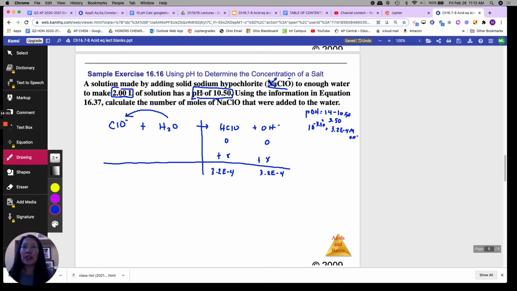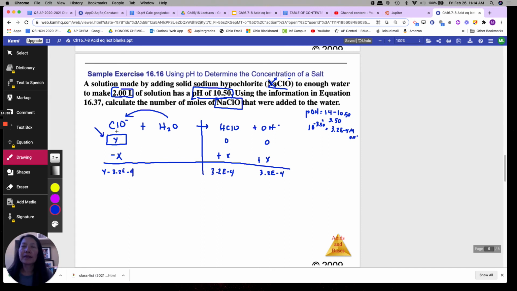And they said that you only have sodium hypochlorite, so you have a certain amount of this that you don't know. This is going to be minus X, and this is going to be, we'll call this Y. So it's Y minus 3.2 E -4. What they're asking here is how many moles of NaClO did you add? So they're pretty much asking how much of this did you add?